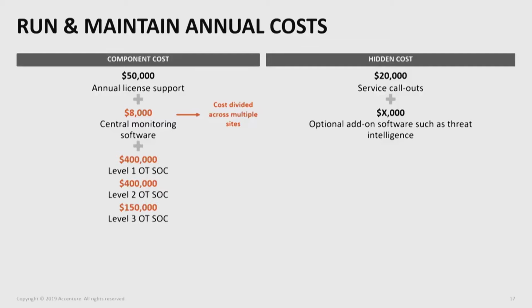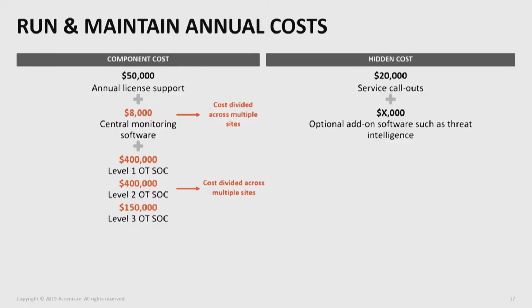A level 1 OT SOC analyst could cost for that skill set about $50,000. So we have 8 of those. Level 2 OT SOC skill set could cost around $100,000, and there's 4 of those. And then your level 3 OT SOC person could cost around $150,000 for that skill set. Now, keep in mind that an employee's wage is not actually the fully burdened cost to you as an employer.